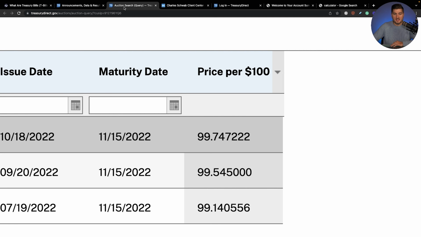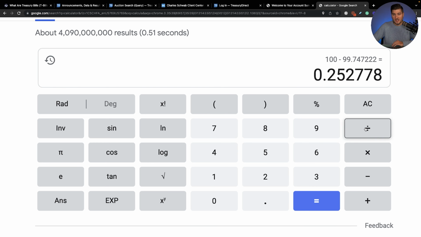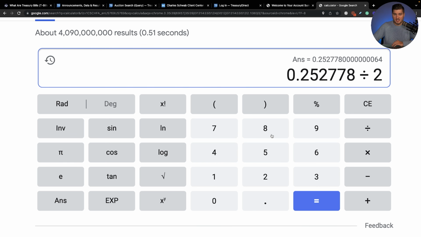So why am I showing you this, and why does it matter? Because this number is basically the total money you are making off $100 over the course of 4 weeks. So yes, you're making literally 25 cents. What you want to do is divide this by 28 to get your daily rate, which gives you 0.009.